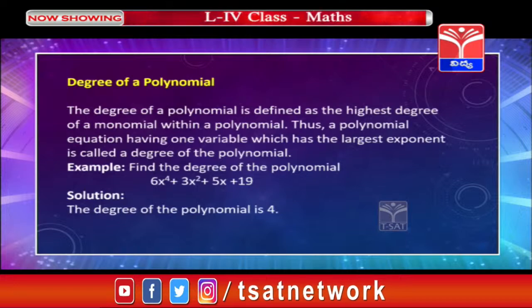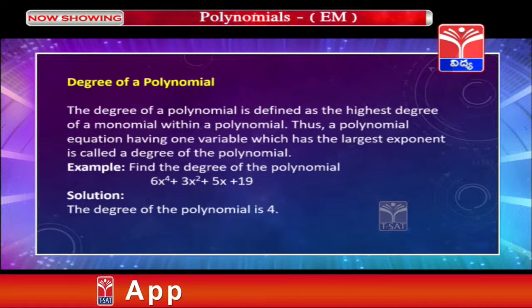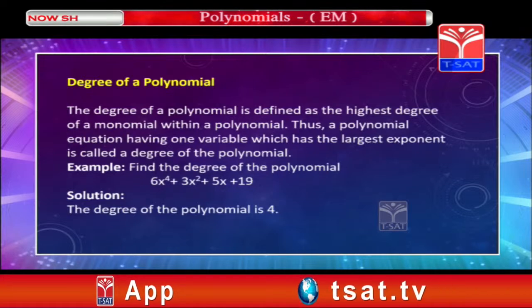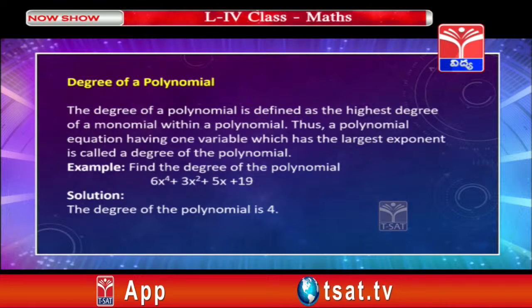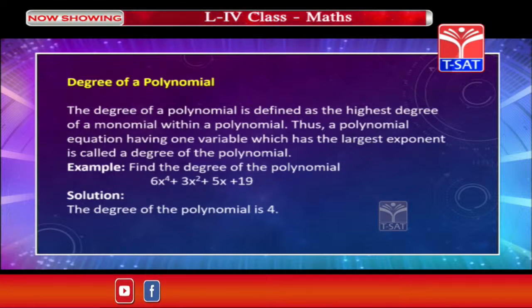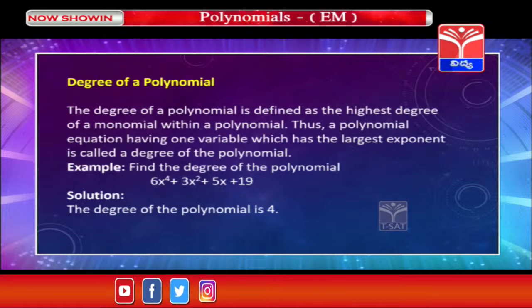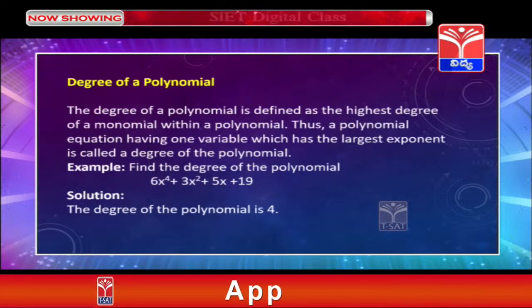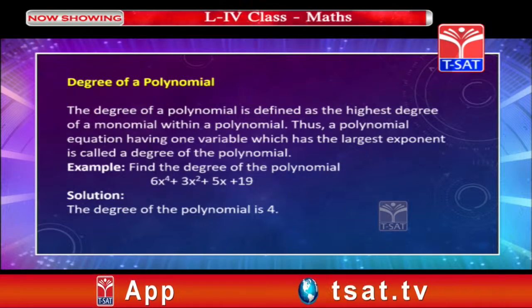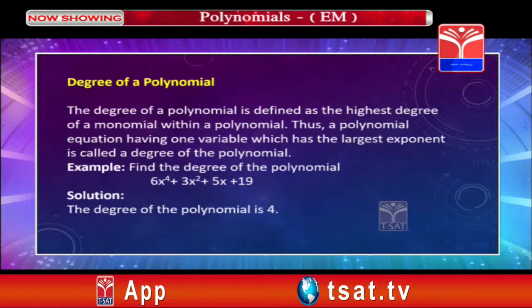So, let us take an example: 6x to the power of 4 plus 3x square plus 5x plus 19. In this, 6x power 4 is one term, 3x square is one term, 5x is another term and 19 is one more term. Here the degree of 6x to the power of 4 is 4, for 3x square it is 2, for 5x it is 1, for 19 it is 0.